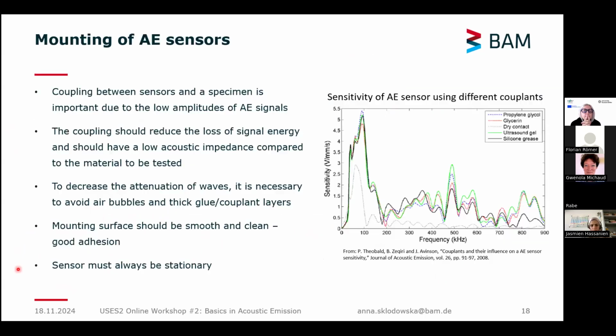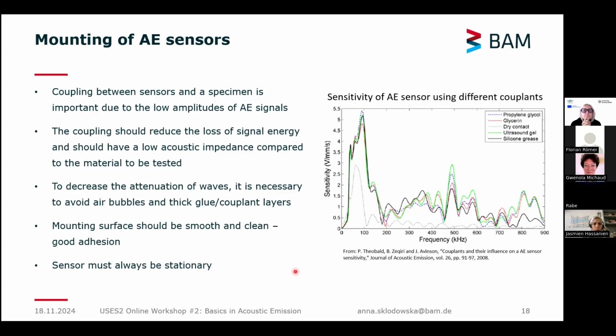Sensors have to be somehow attached to the specimen, and this is a very important part of the measurement process, because the coupling between sensor and specimen is very important due to the very low amplitudes of acoustic emission signals. It should reduce the loss of signal energy and should have a low acoustic impedance compared to the material to be tested.